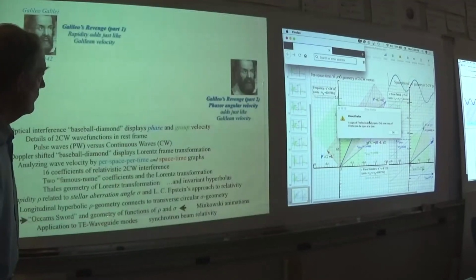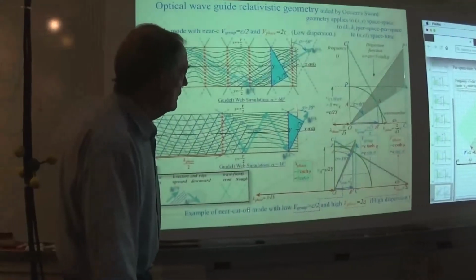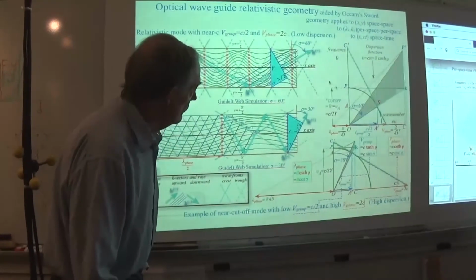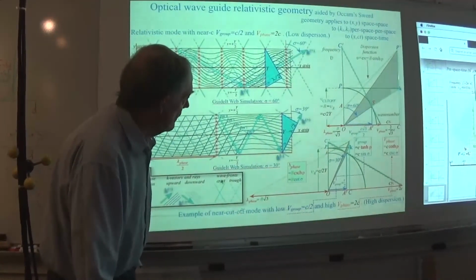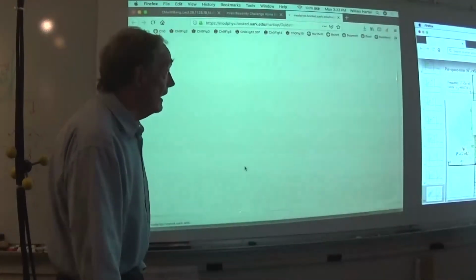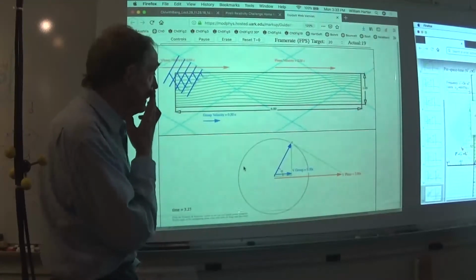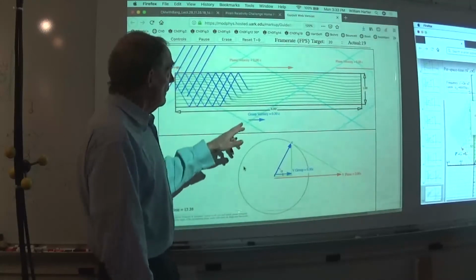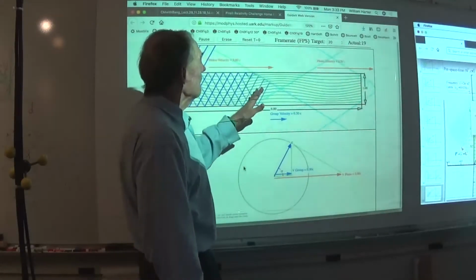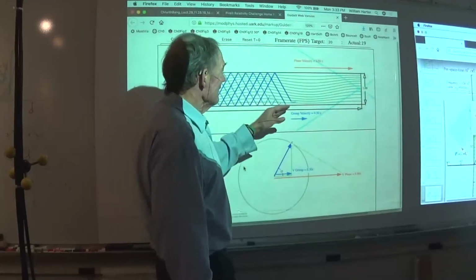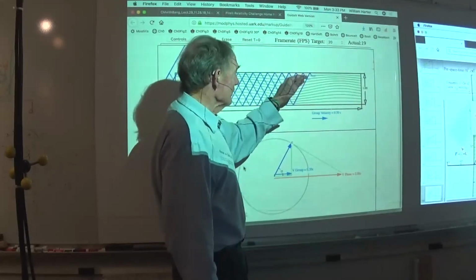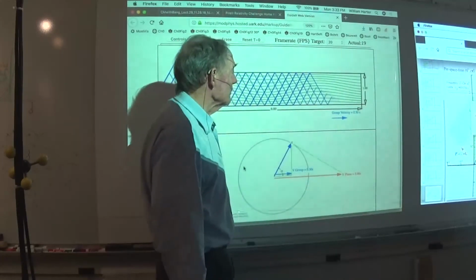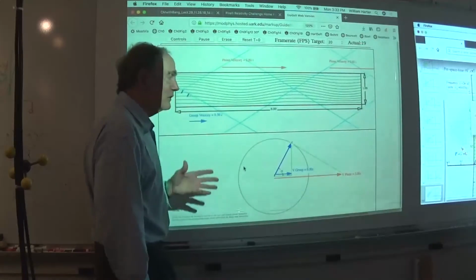It's really a beautiful thing to see, because it lets us understand what the waves do in a guide, and they do exactly the kind of stuff that we're talking about here. This is an abbreviation of that graph. The group velocity is just keeping up with the actual motion that it does as it bounces back and forth across the walls. Okay, the group velocity is really slow here.